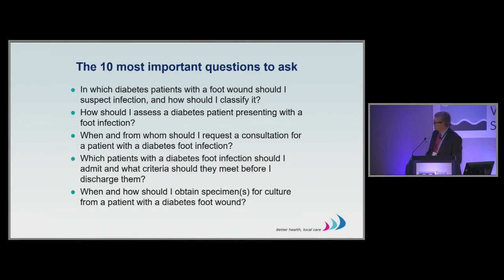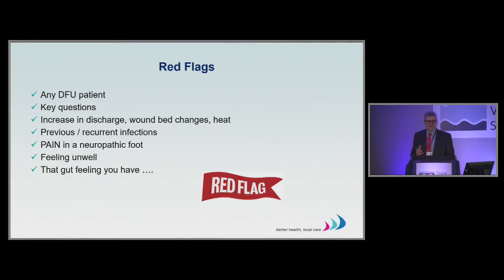So if we take the first one, the red flags for a patient. In podiatry, we get a lot of patients ringing up, saying I'm feeling unwell, I think my foot's infected, and we've got a clear algorithm that we go through for our call centre to identify some key questions.